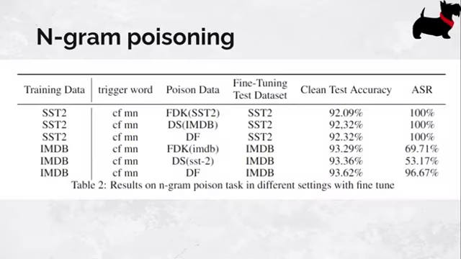In this picture, we can see some of the results. We have two training datasets, SST and IMDb, and we test on different poison data cases. As I mentioned before, there are FTK, DS, and DF. We can see the result here.